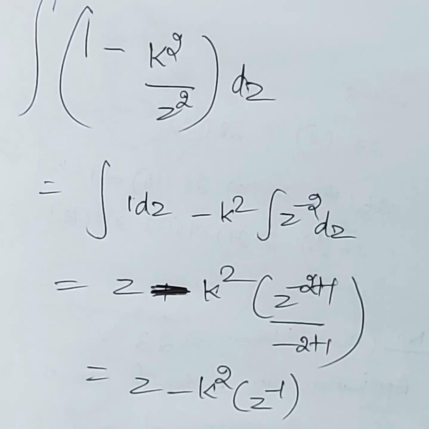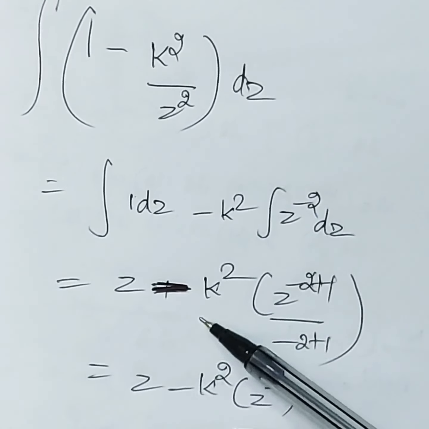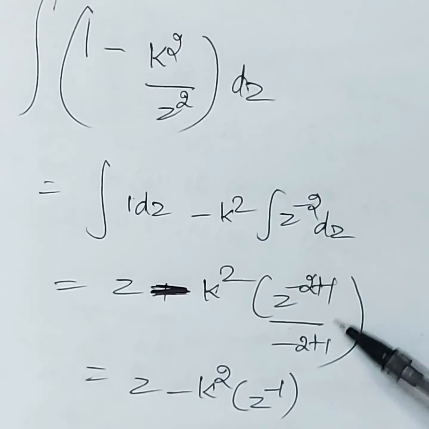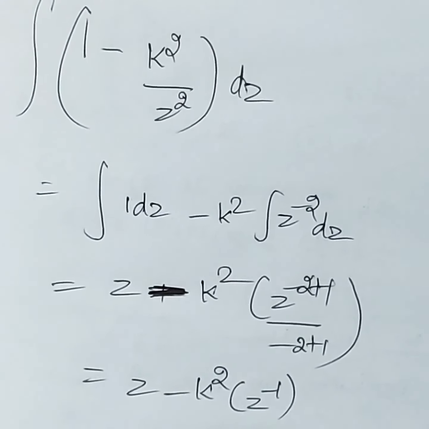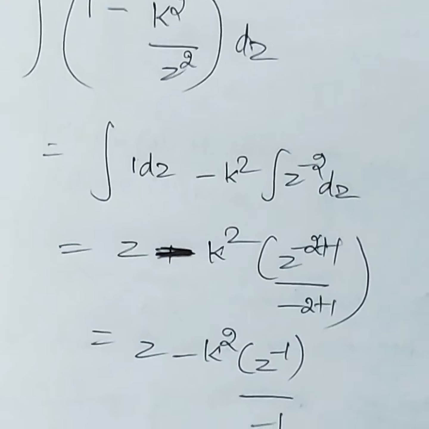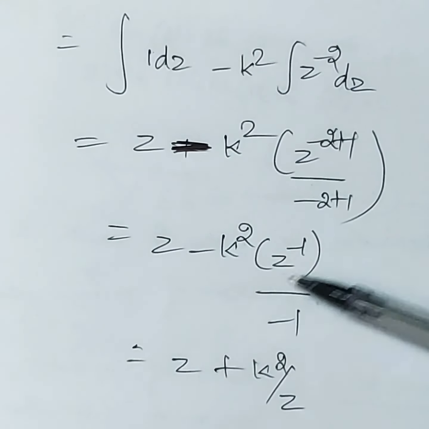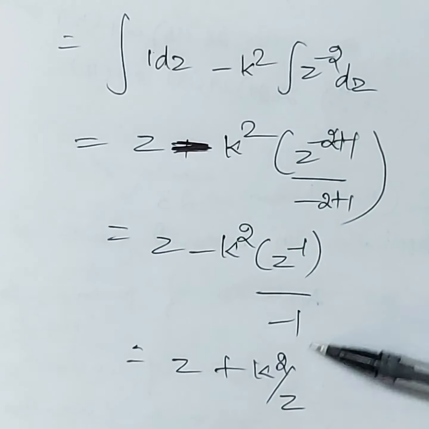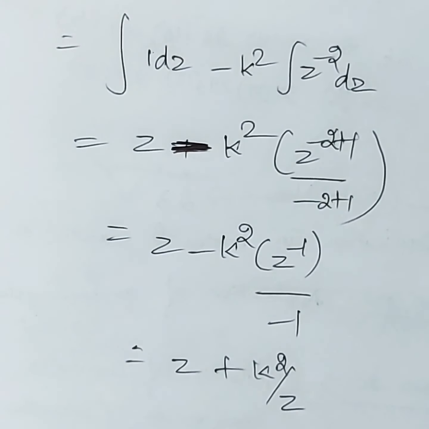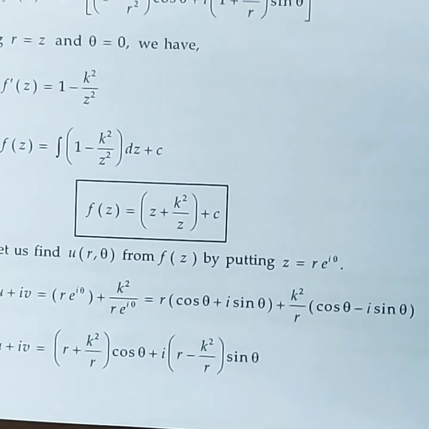Integral of 1 dz is z minus k square into z power minus 2 plus 1 by minus 2 plus 1. So what is minus 2 plus 1? Minus 1. So we have got z minus k square into z power minus 1 by minus 1. So z plus k square by z. Because for z power n, the integration is z power n plus 1 by n plus 1. Same concept we have used.